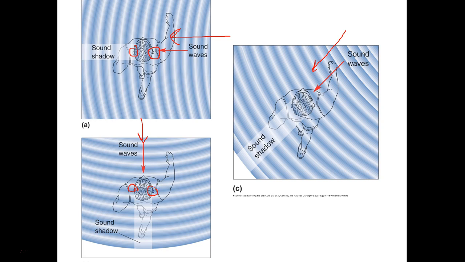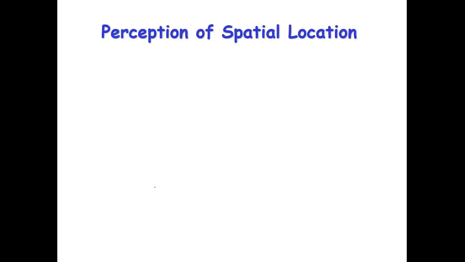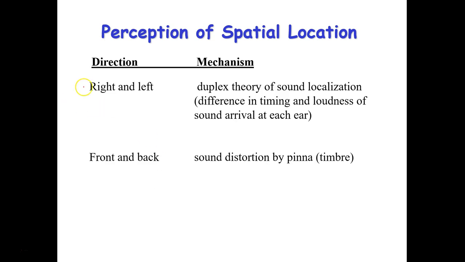And again, these differences in sound intensity as well as arrival time of sound allow our brain to perceive location of sound.